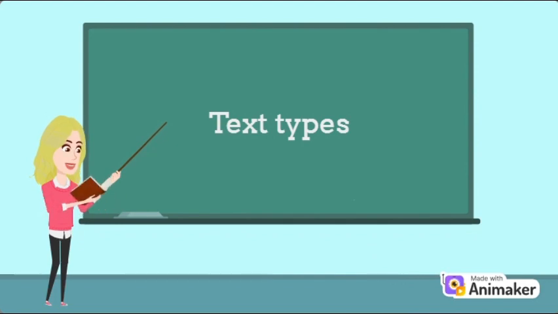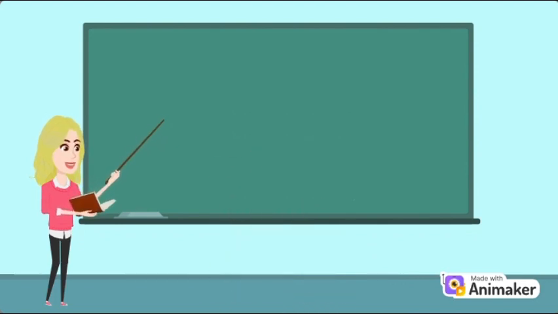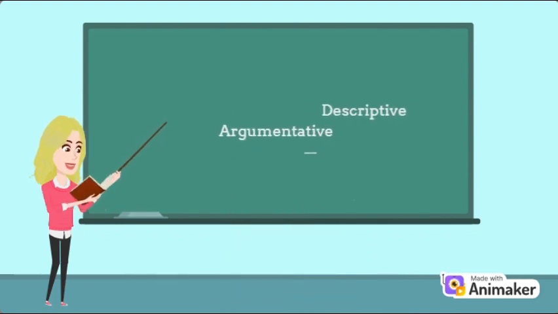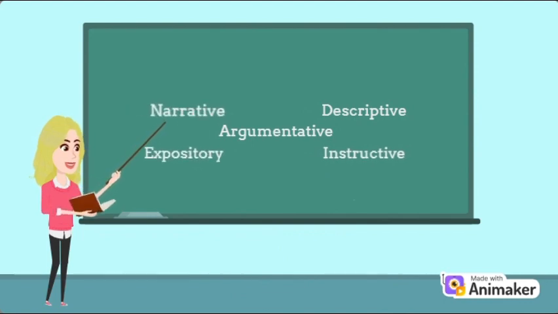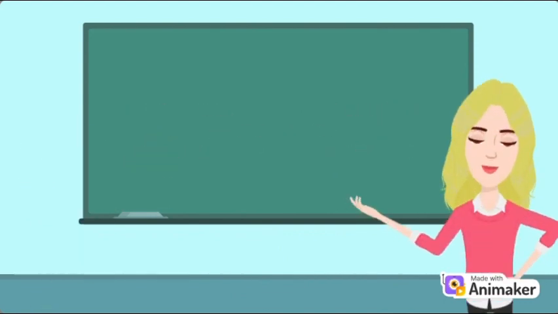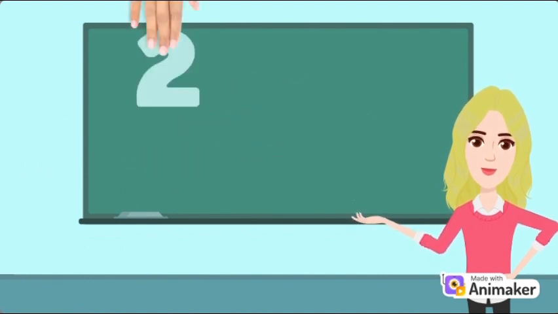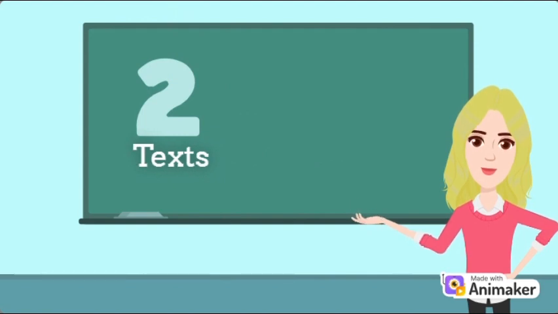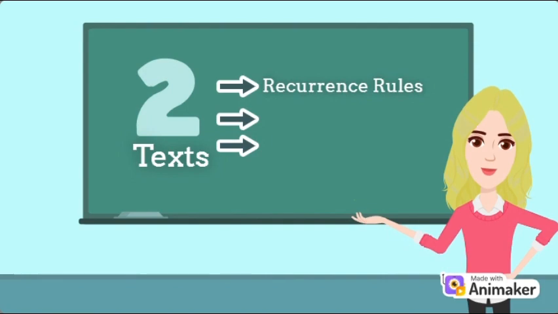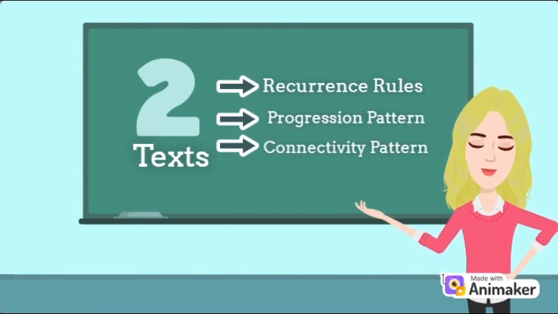There are 5 different types of text: argumentative, descriptive, instructive, expository, and narrative, along with their respective characteristics, scaffolding, and syntactical features. To achieve this, we will analyze 2 different types of text, with their most common recurrence rules, progression, and connectivity patterns.